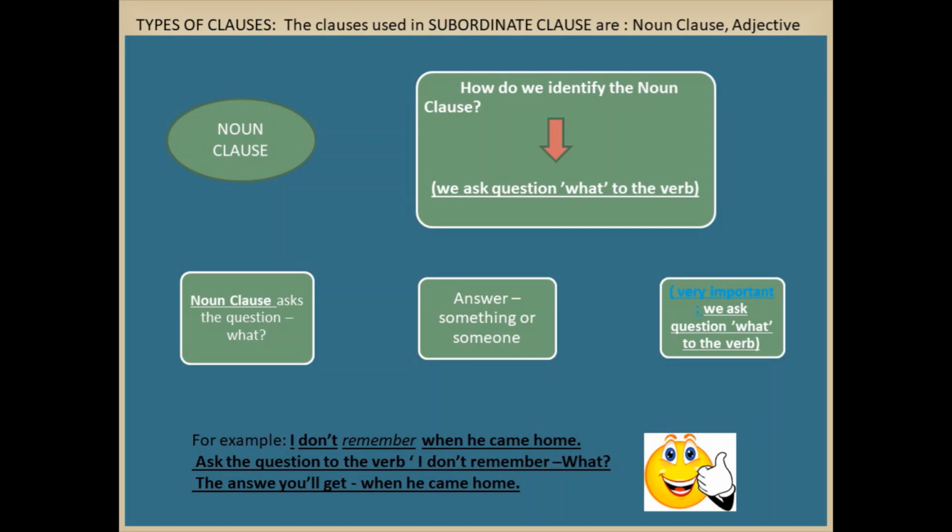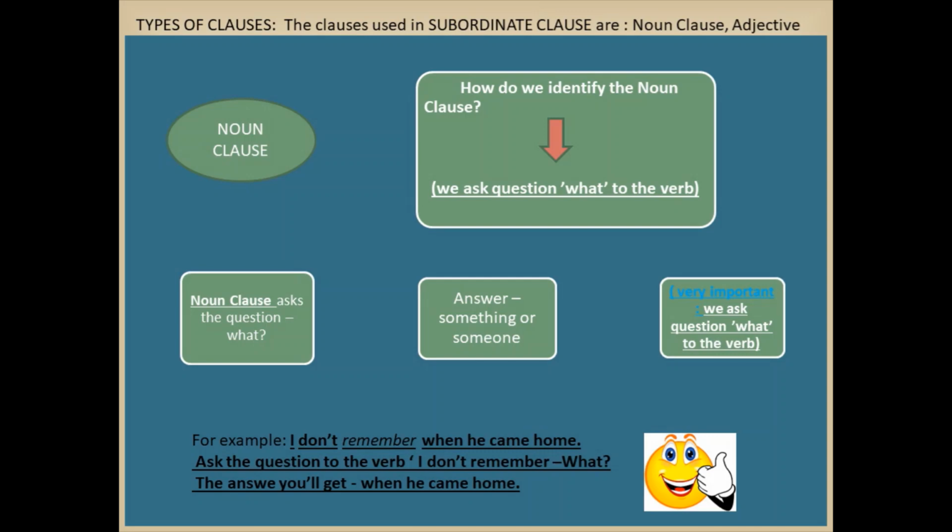Now here, instead of a group of words without a subject and verb, we would focus on a group of words with a subject and verb in it, doing the function which it is required to. Since we are discussing the noun clause, it would function just as a noun does. You know what a noun is and what the function of the noun is. Similarly, we would have a group of words with a subject-verb combination, but that would be a part of the sentence functioning like a noun.